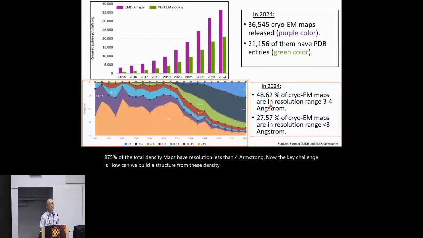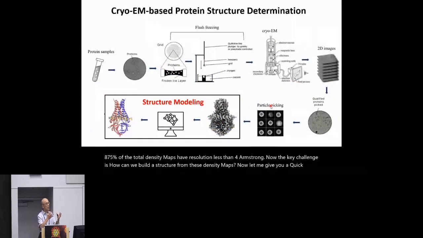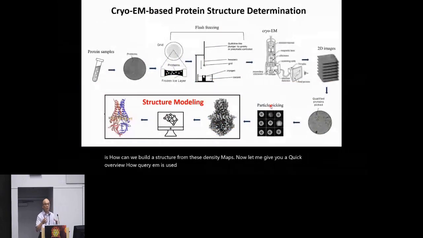Let me give you a quick overview of how Cryo-EM is used to determine protein structures, then we figure out where we as bioinformaticians can make contributions to this critical technology. The protein sample contains many copies of the same protein.